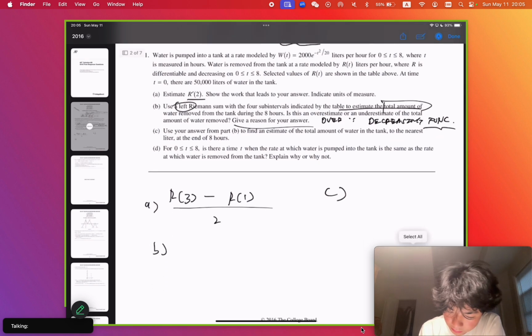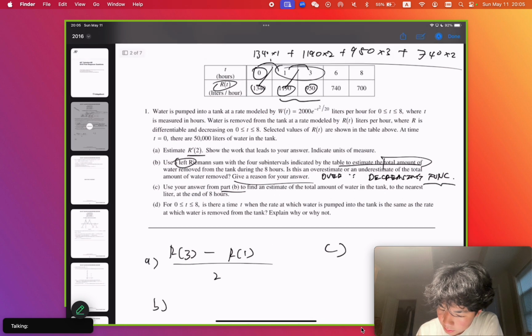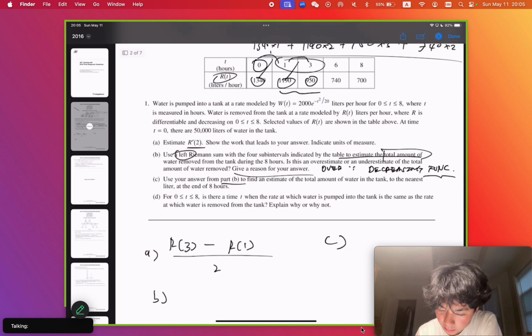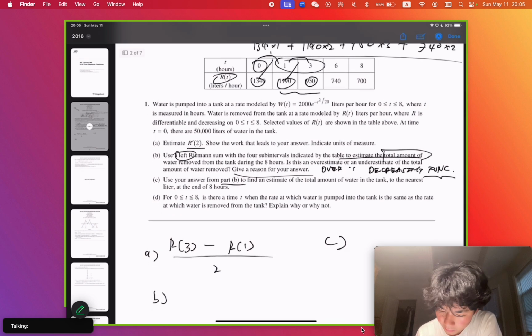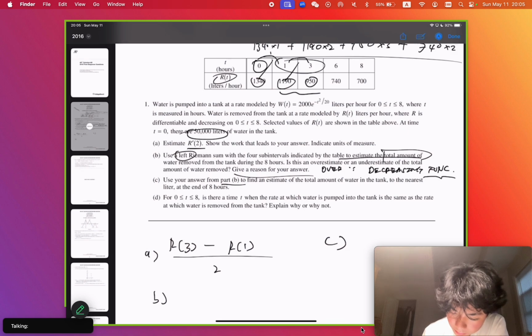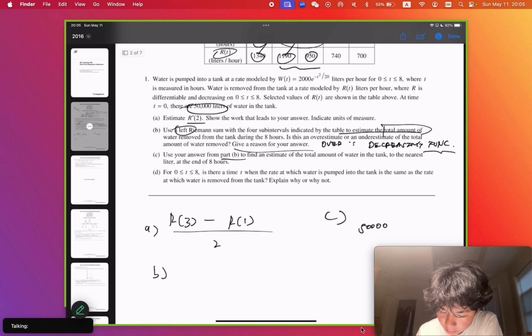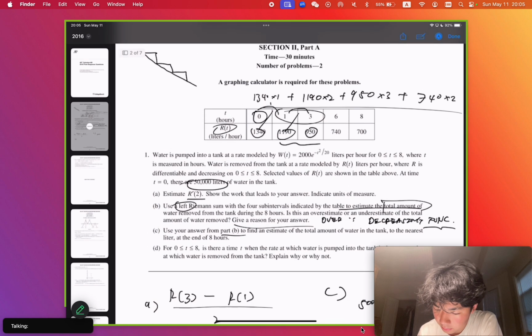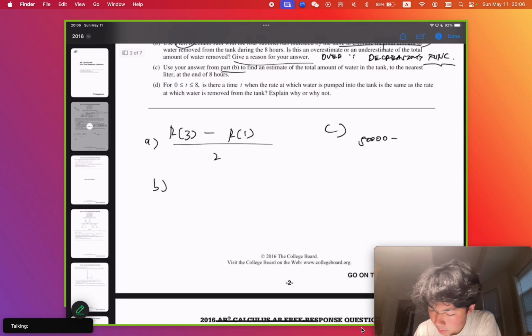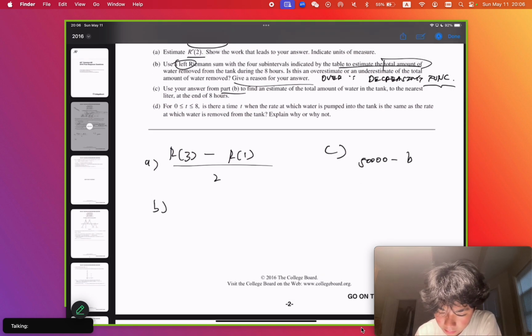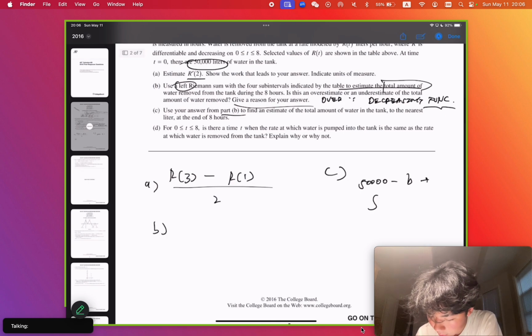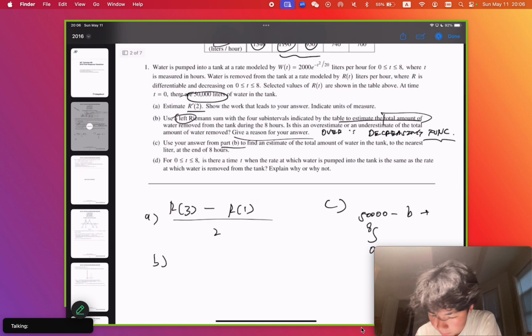Since you have an estimate already, what I will do is this: you have this much water leaving, and you're given that when t equals 0, there's 50,000 liters. So it will be 50,000 minus this whole thing that you have calculated, let's call it B because I calculated it in part B. Then you add the water pumped in, the integral from 0 to 8 of W(t), and you can calculate that yourself.